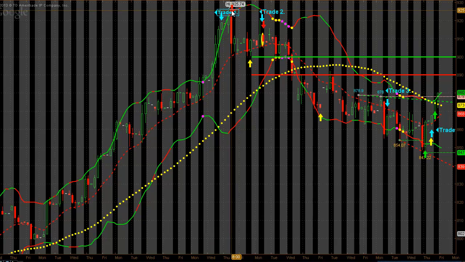We got a short signal here on the 16th of May. So I took my first trade, which was a put vertical bear put spread, and I'll go through that in a minute. And then came down, covered the trade here, covered the trade on the 17th, about 2 days later.